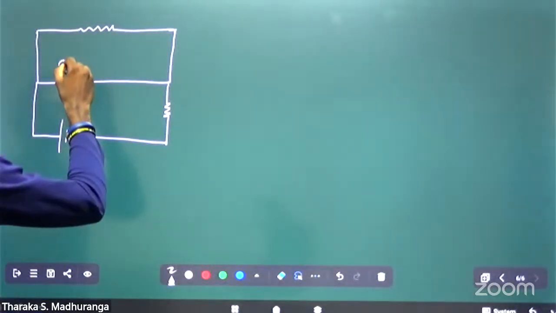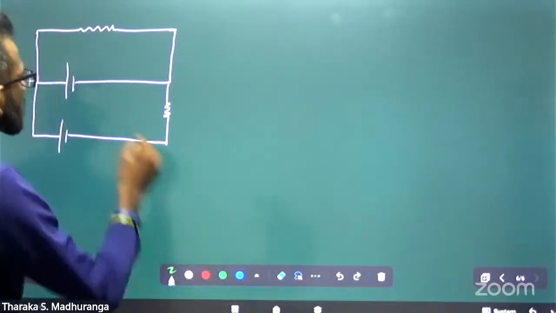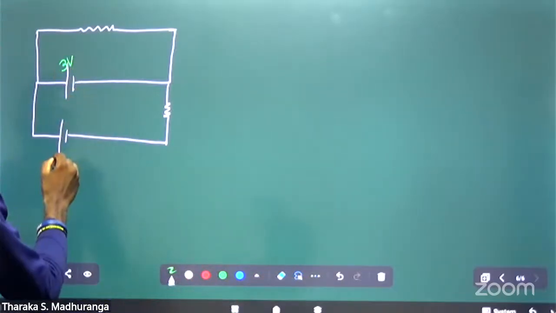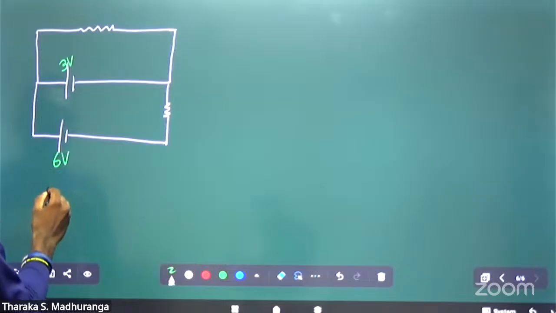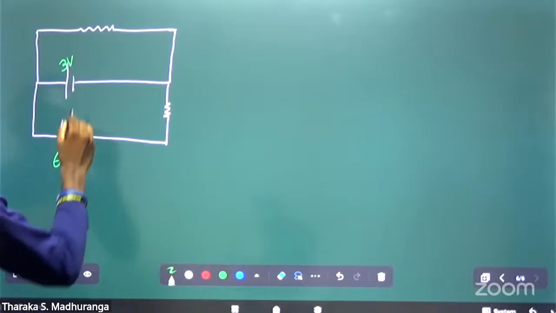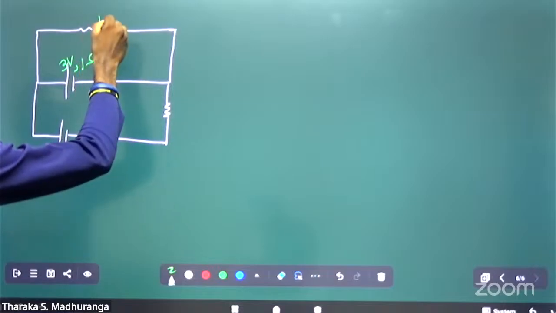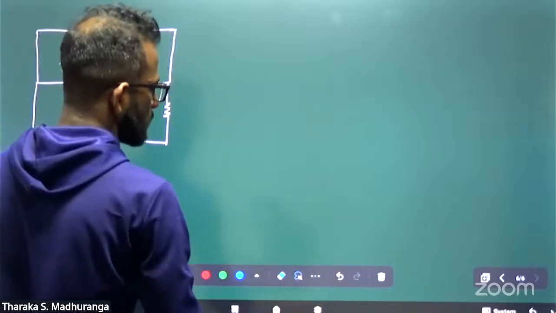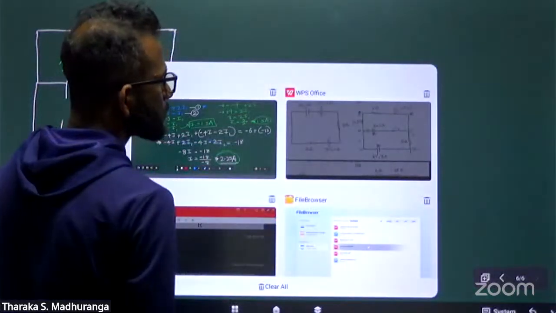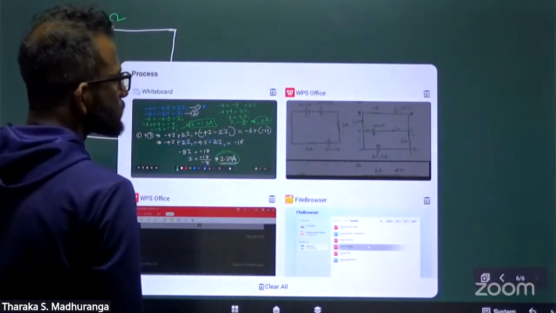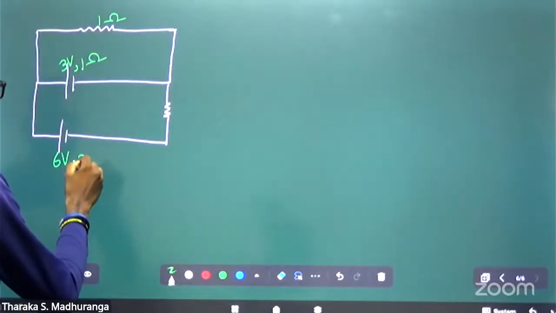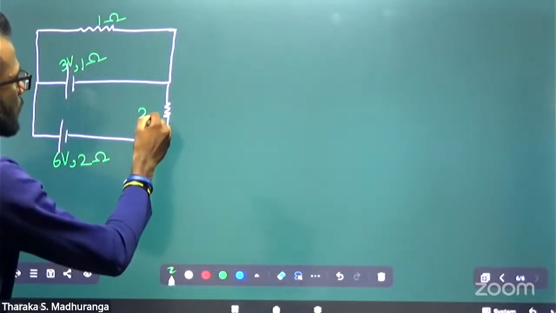Three volt, 6 volt. It is 1 ohm, 1 ohm, 2 ohms, 2 ohms.